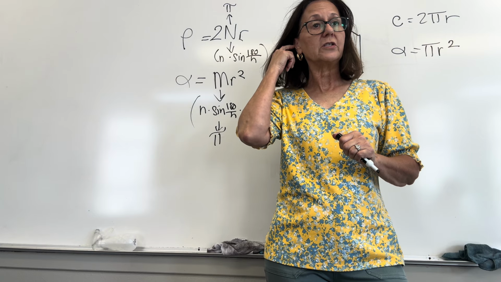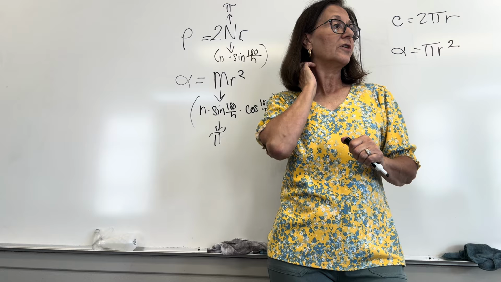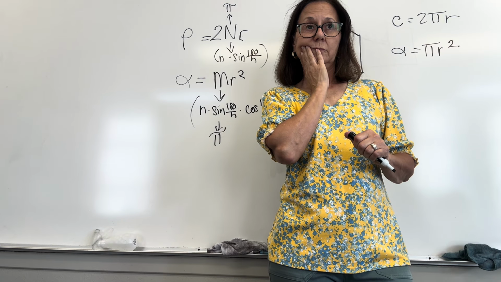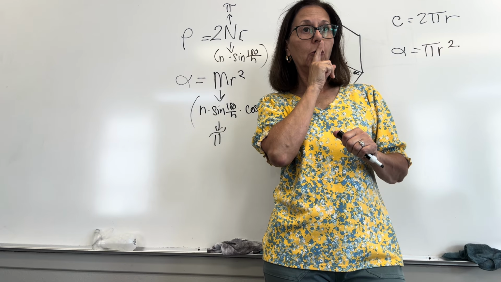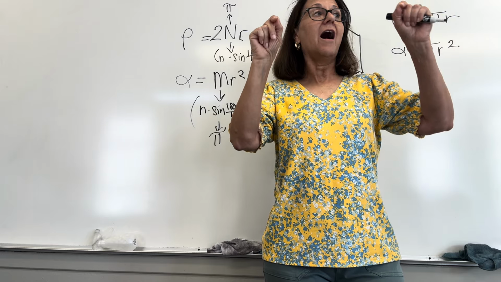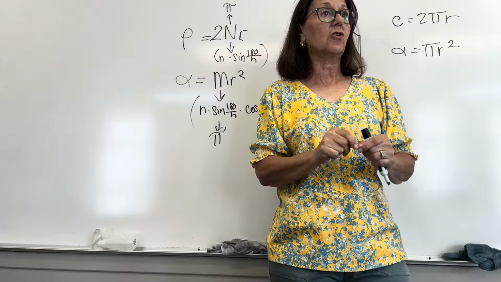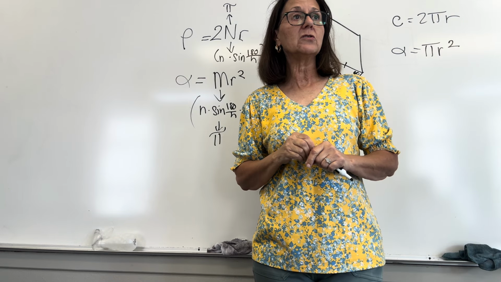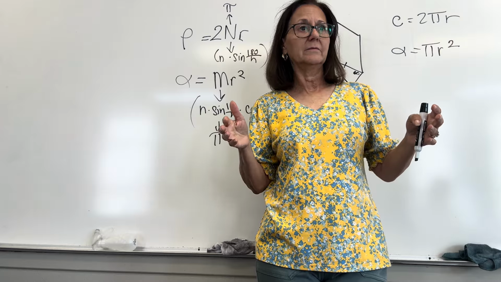All right, the circumference. What does the circumference measure? 2 times pi times the radius. Yes, and what does it measure? The whole thing around. The length of the circle on the outside only. Circumference is almost like the fence in a yard, right?